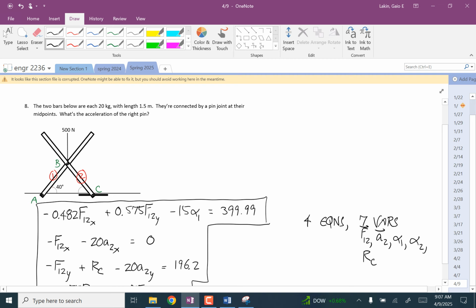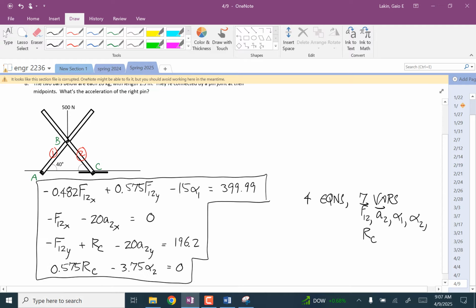And so everything that we've done so far, including the moment equation and everything, has been assuming that there's no acceleration at that point A. And so that's why we don't have to do it again as a constraint. We've already accounted for that.